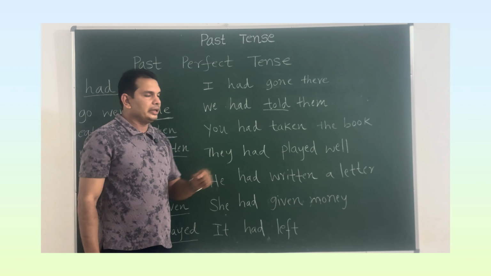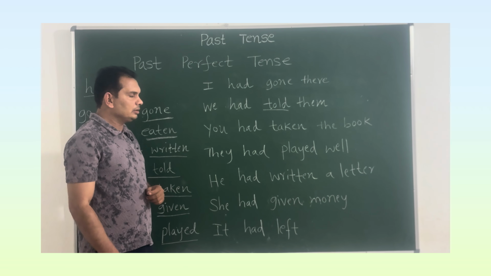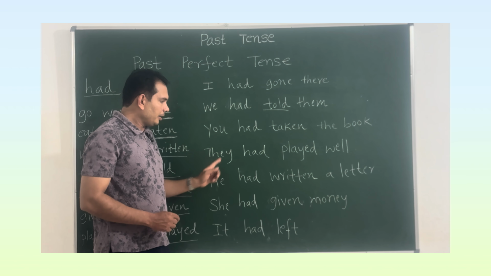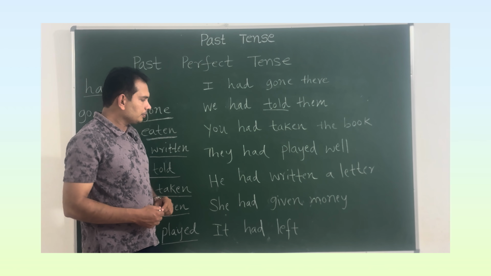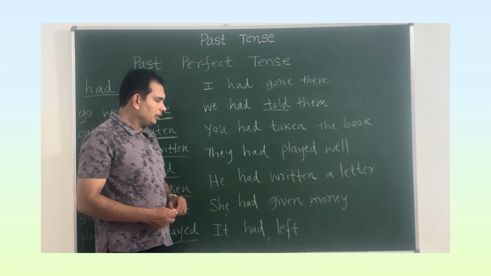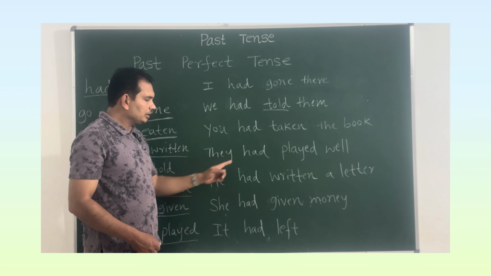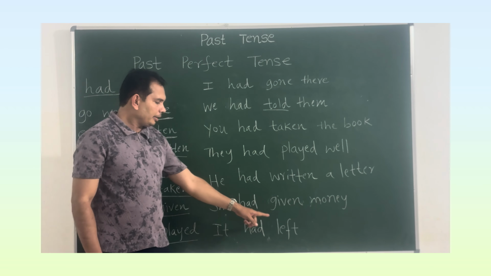They had played well. Played is a regular verb, so it's a bit easier. He had written a letter. Written is the past participle form of the verb write. She had given money. We may also say she had given money before we asked her. It had left.